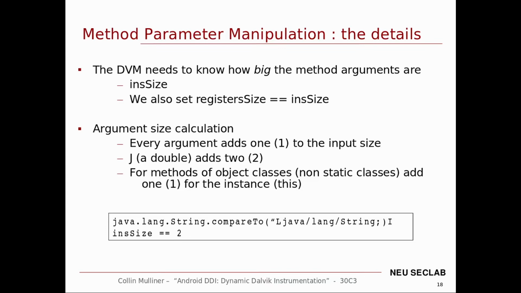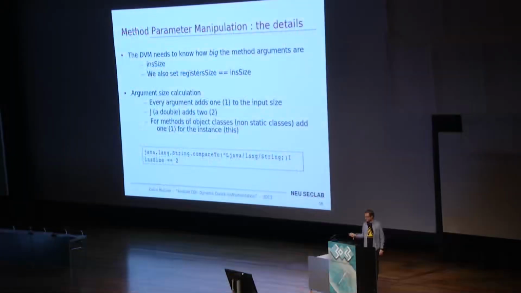This is pretty well documented in the VM, and for example, this method has an int size of 2 because it takes one object as a parameter, and of course it's not a static method, so it also has this value, or like an instance parameter.